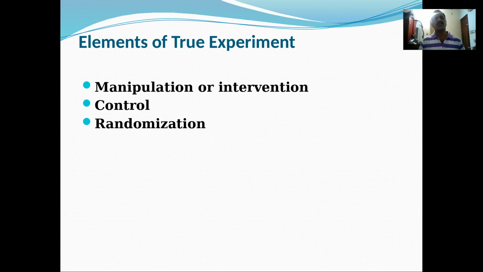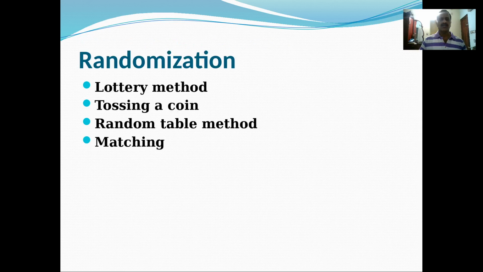We can conduct an experimental study in a hospital situation, in the community, or in any place if we have three elements in that particular study. These are called the elements of true experimental study: manipulation or intervention, control, and randomization. Now we'll see these elements one by one.